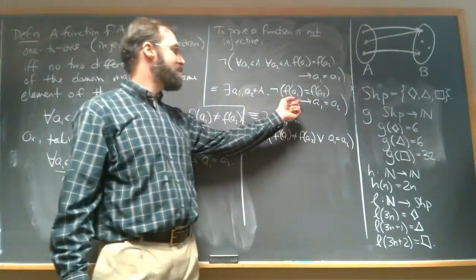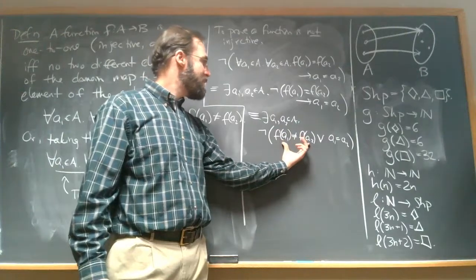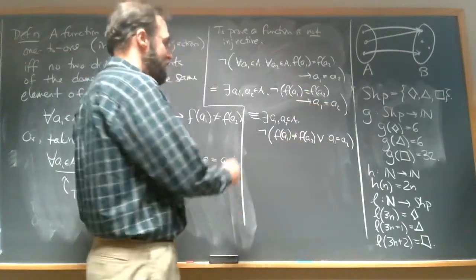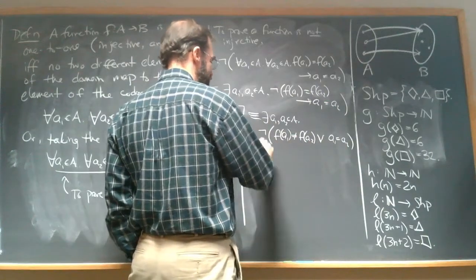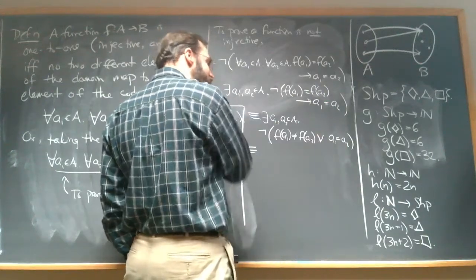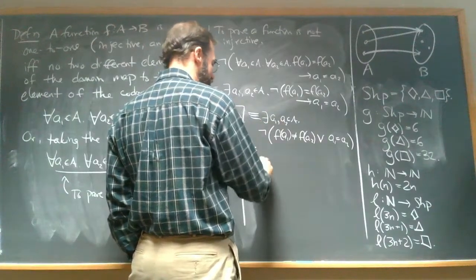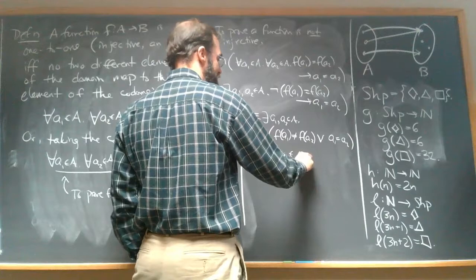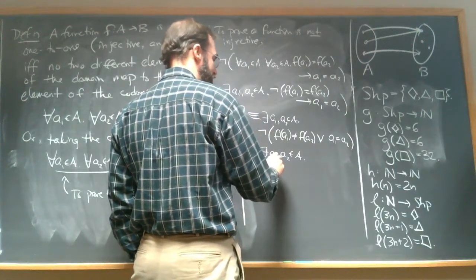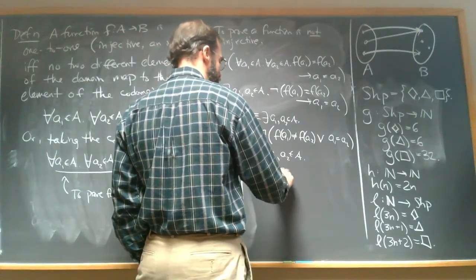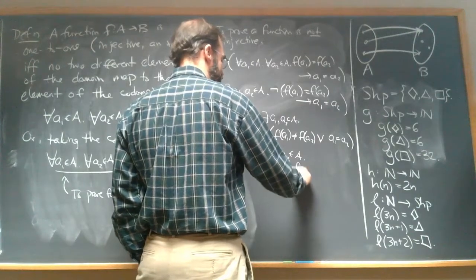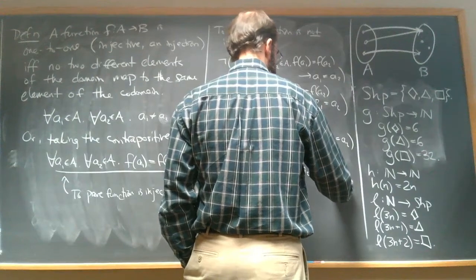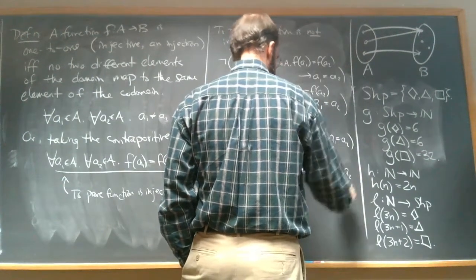Right? I just turned this implies into a not this, or this. And okay, now I can use De Morgan to push this not over the or. So it's going to turn into an and, and I'm going to negate both sides. So I end up with exists A1 and A2 in A such that f A1 equals f A2 and A1 is not equal to A2.